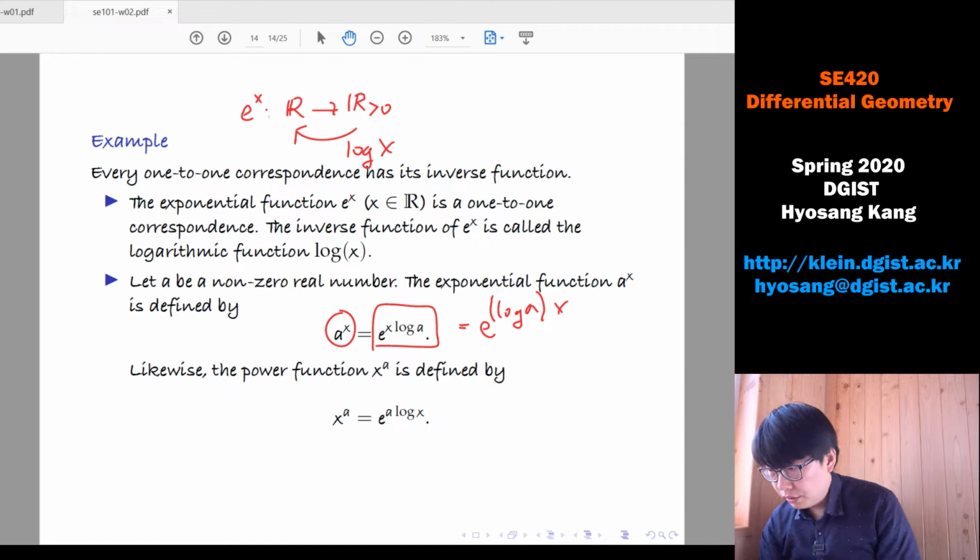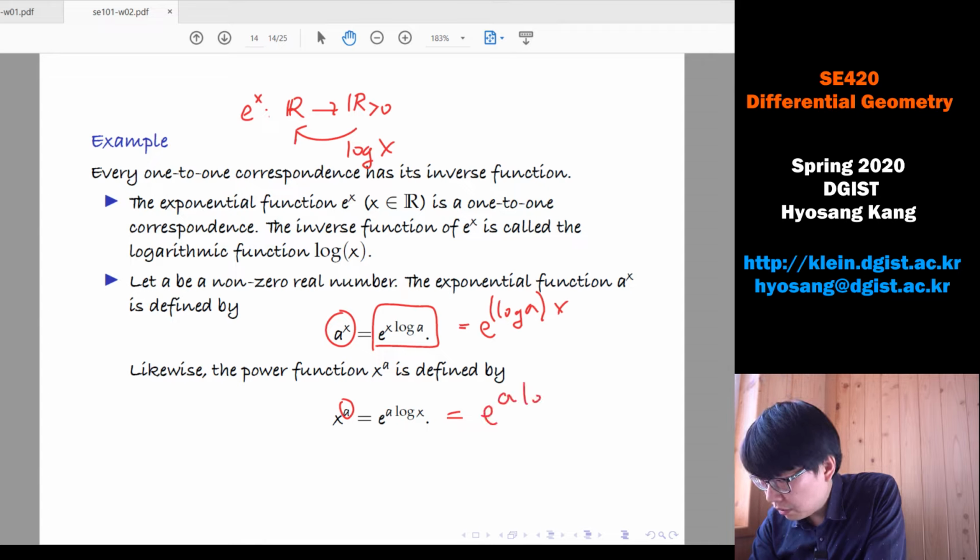And also you can define a power function with a power not equal to an integer. The power a can be any real number. In this case, you can take a composite of exponential and logarithm, just interchanging the roles of a and x. We have e to the a times log x, just as in this expression.